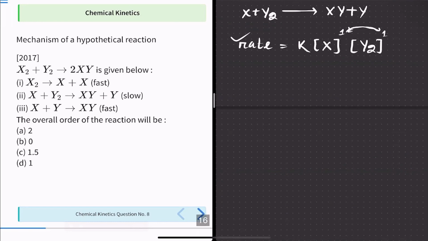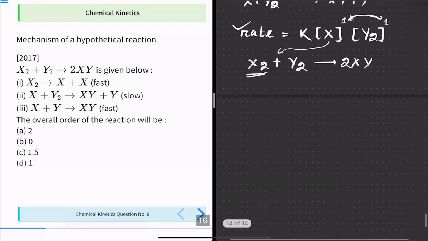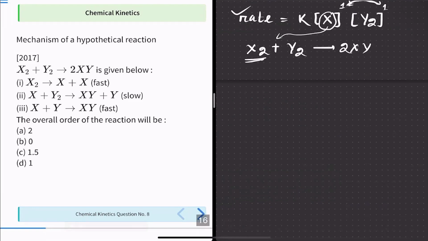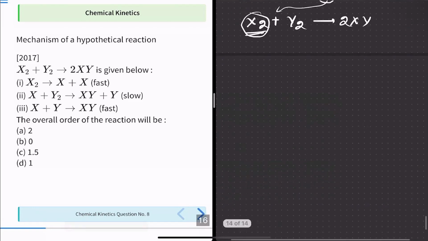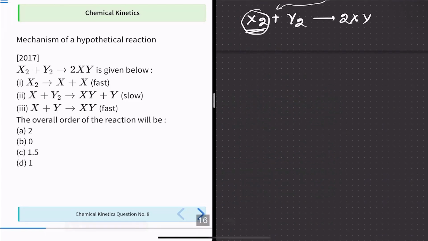But in the final reaction, X2, Y2, and 2XY, there is no X. So we have to convert this X into the form of X2. How can we convert this? Let's assume the first reaction, X2 equal to X plus X, is a fast reversible reaction.